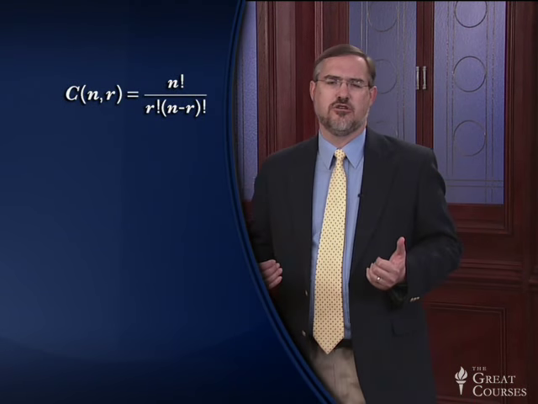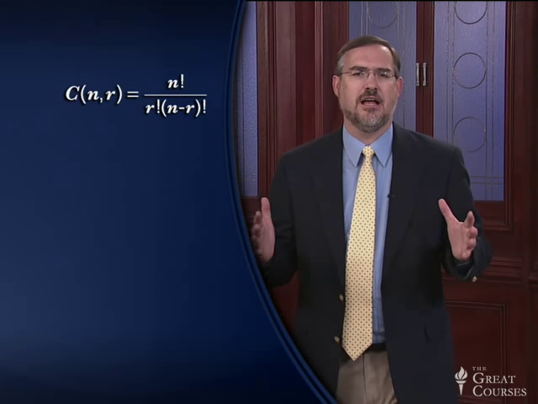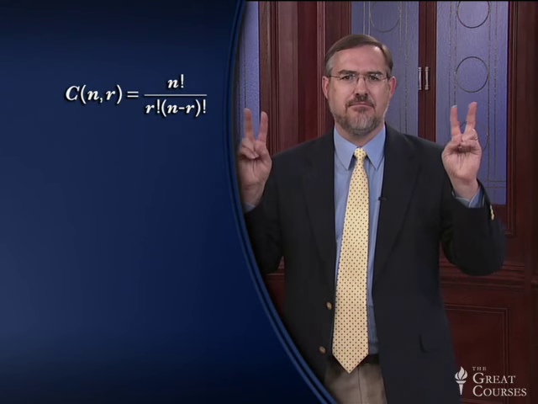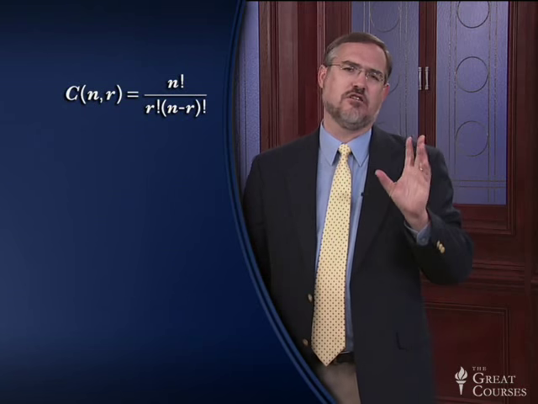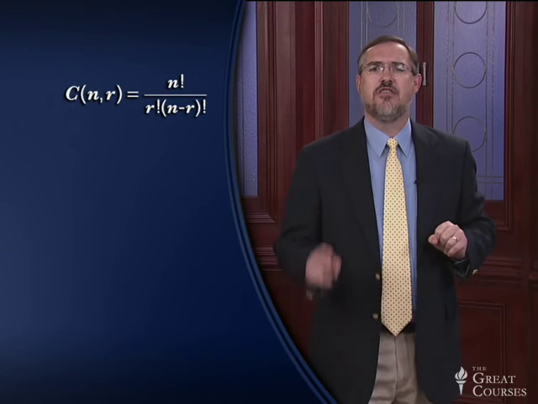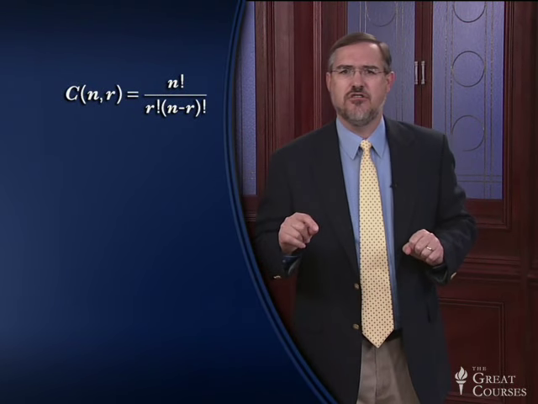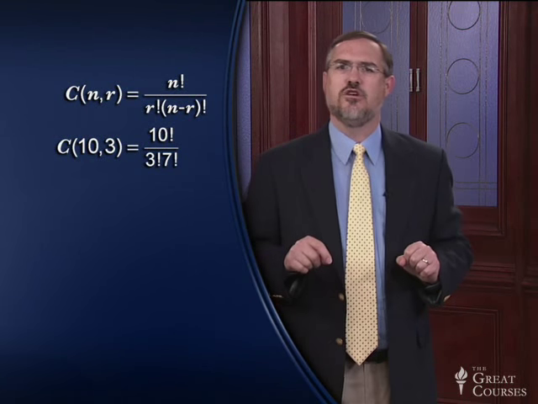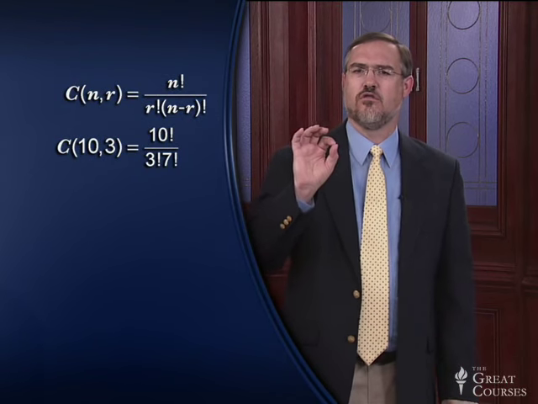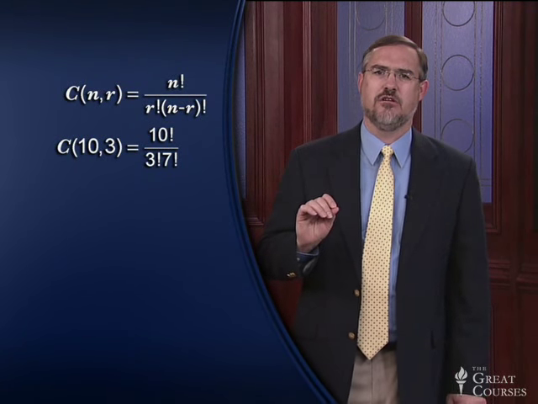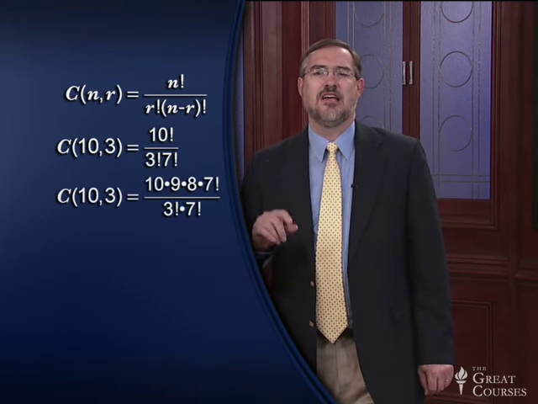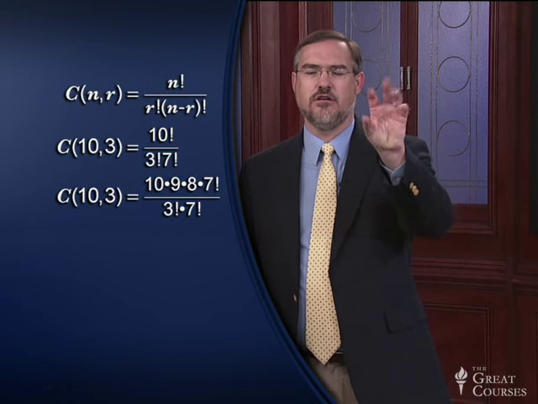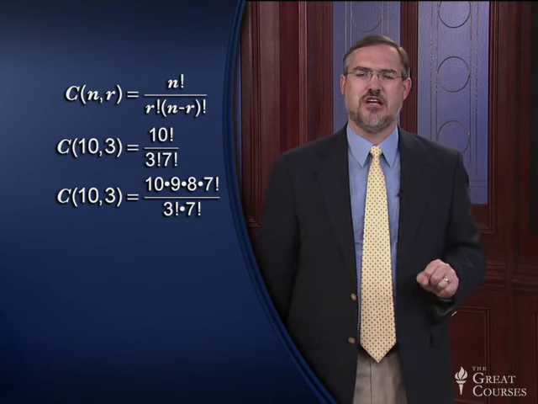So let's say you go back to a sports team and it has 10 players on it, and you want to choose 3 of those players to be the captains. And again, they're all playing the same role as captain, the same idea. Then the number of ways to do that is C of 10, 3, which equals 10 factorial over 3 factorial times 7 factorial, which is the same as 10 times 9 times 8 times 7 factorial divided by the 3 factorial times 7 factorial.